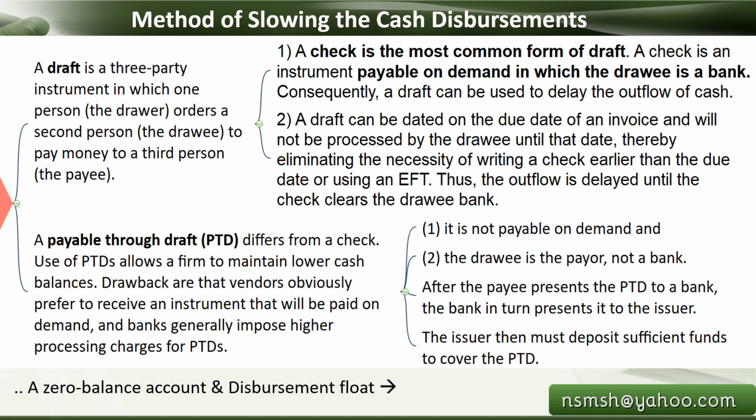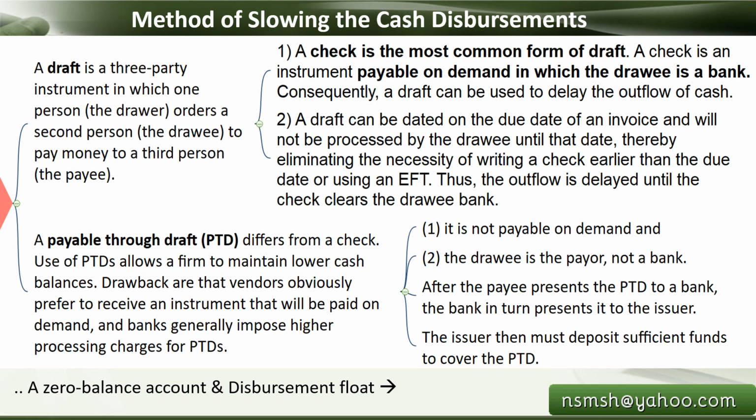And payable through drafts are not payable on demand like a normal demand thing. And the drawee is the payer, not a bank. So these things cannot be done on a bank draft, because a payable through draft is where the drawee themselves throw the check. And they cannot be a bank.